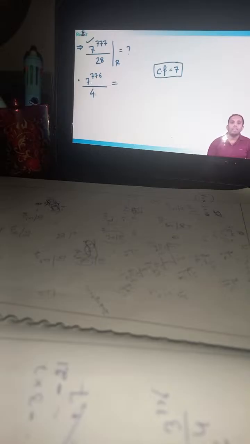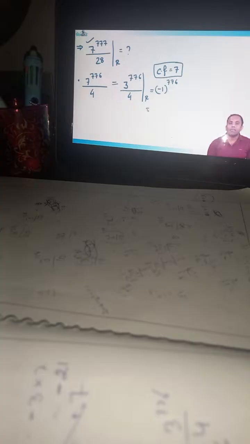7 by 4 remainder is 3, so 3 raised to 776. Now 3 raised to 776 is a number more than 4, so I should again divide by 4. 3 by 4 remainder is minus 1. So minus 1 raised to 776.